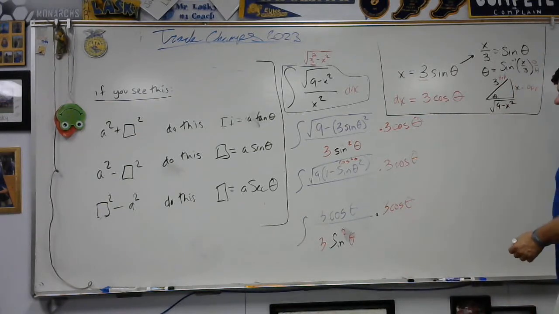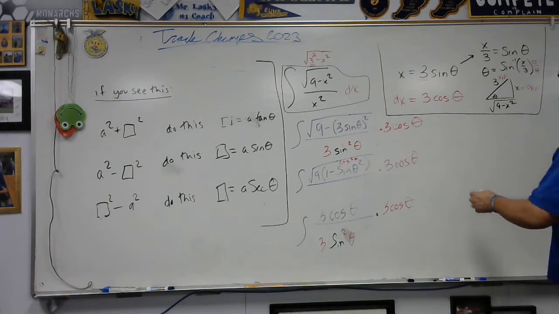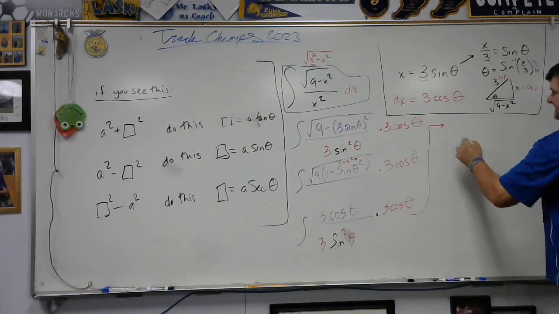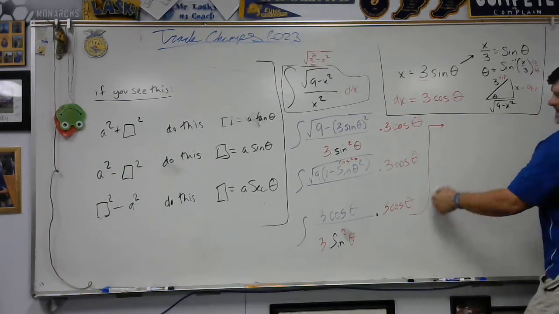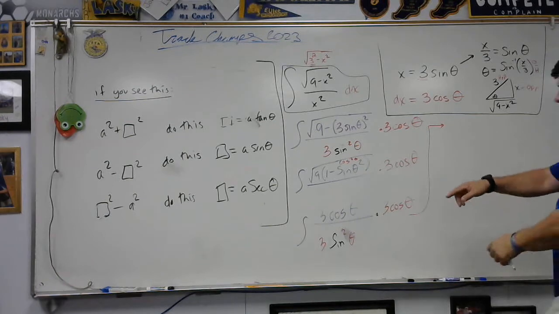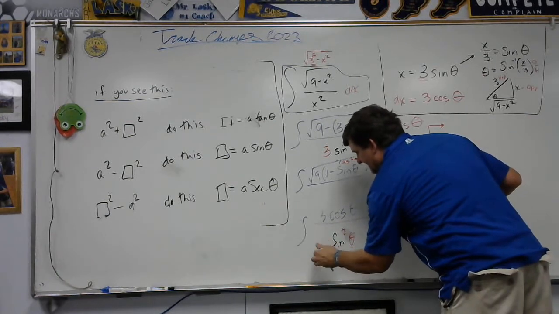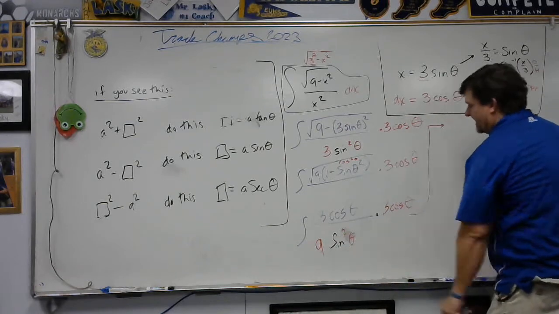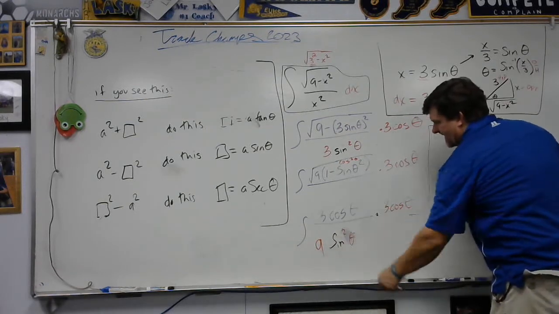Then I'm going to keep cleaning this up. What am I losing here? I messed up on something. Oh, I forgot, this should be 9 right here because it's x squared. I forgot to square the 3. So 3 times 3 is 9, and those are going to cancel.